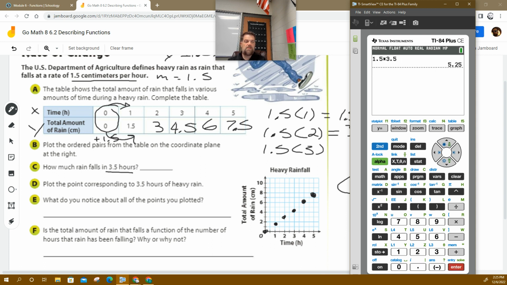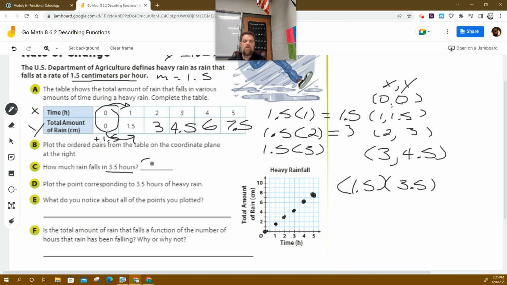That gives me 5.25. 5.25 what, guys? Centimeters, right? Because we're measuring the depth of the rain in centimeters. It says plot the corresponding points at 3.5. So here's 3, here's 4. 3.5 is going to be 5.25, which, by the way, is right in the middle, right?